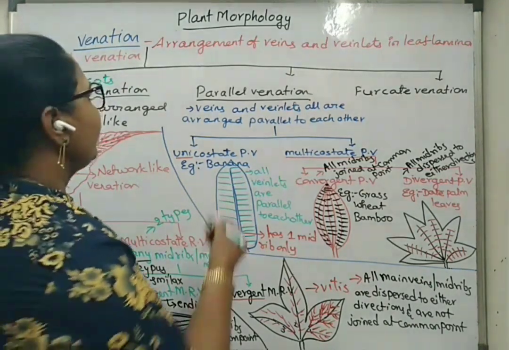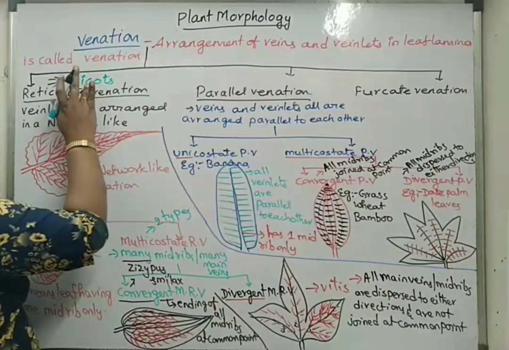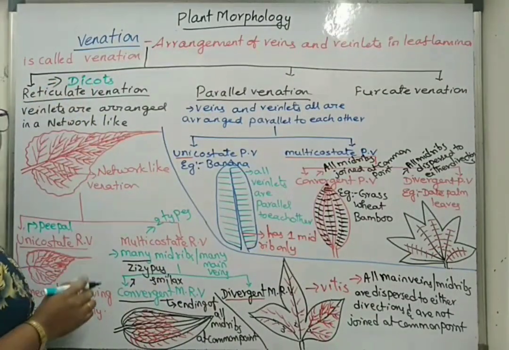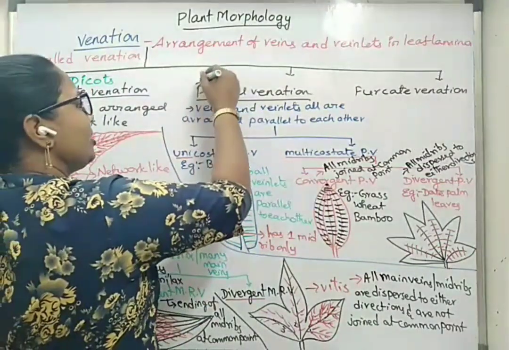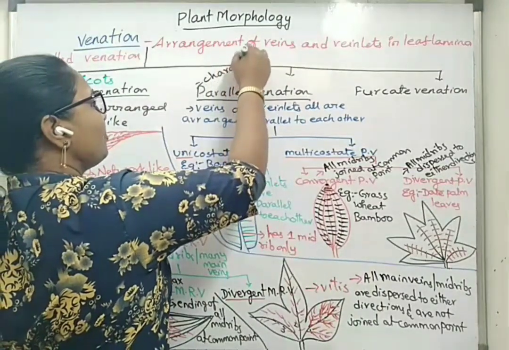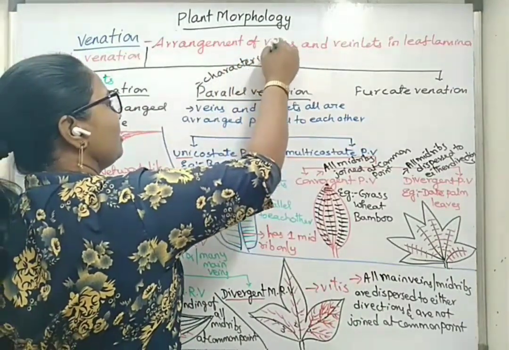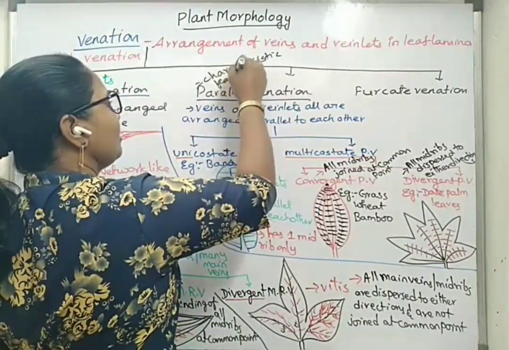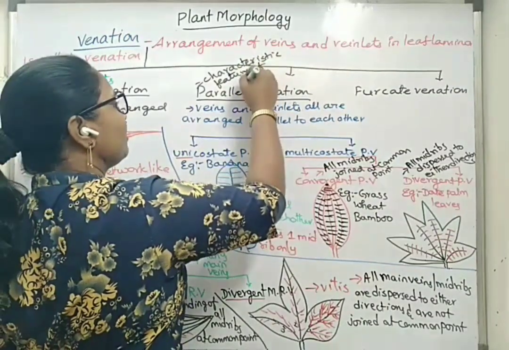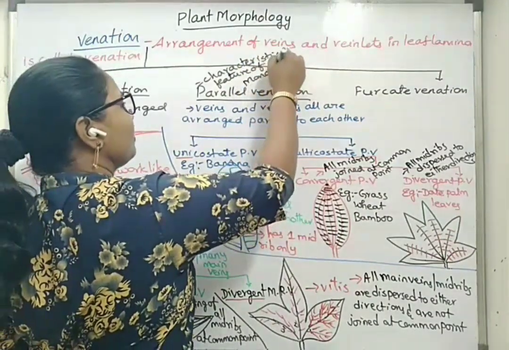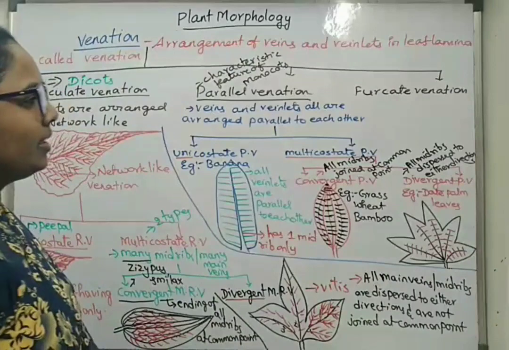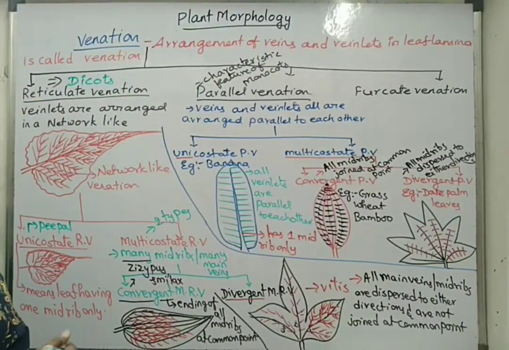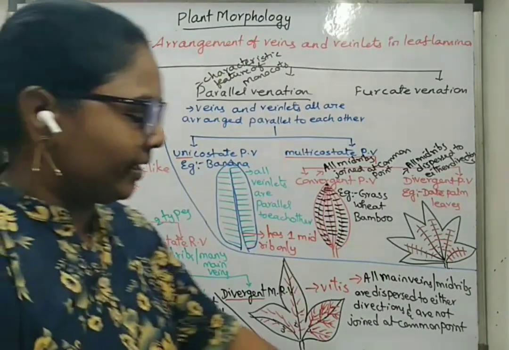And parallel venation is a characteristic feature of monocots, while reticulate venation is a characteristic feature of dicots. There are some exceptions in case of parallel venation and reticulate venation.